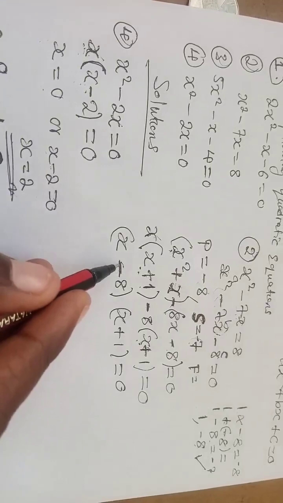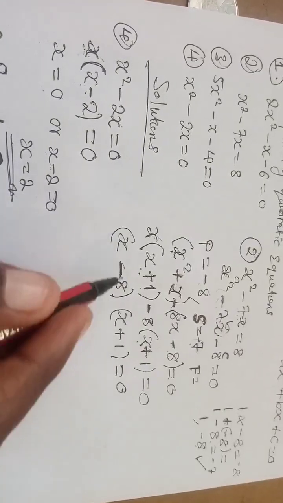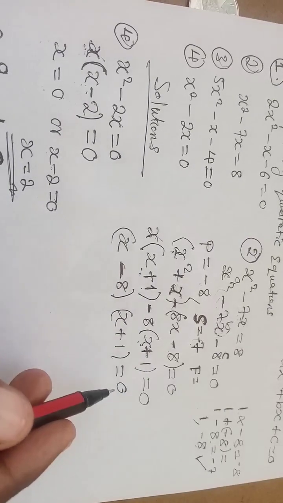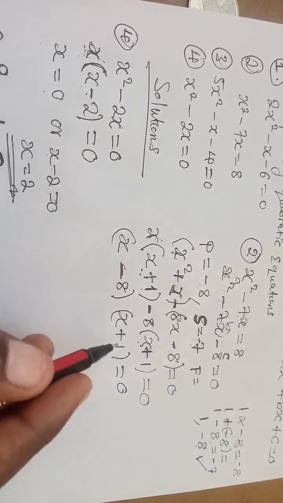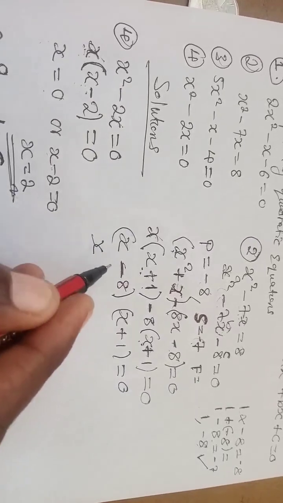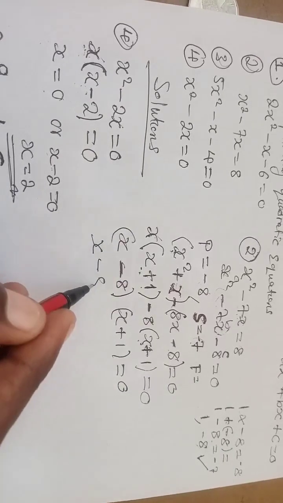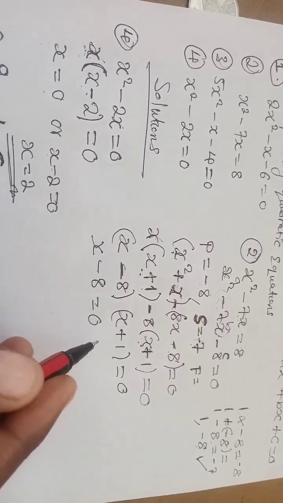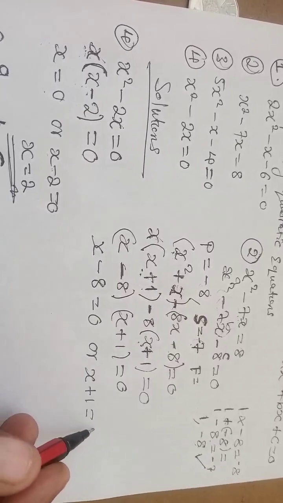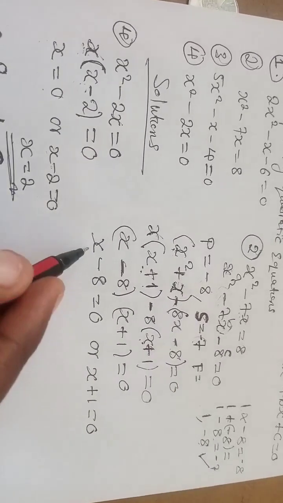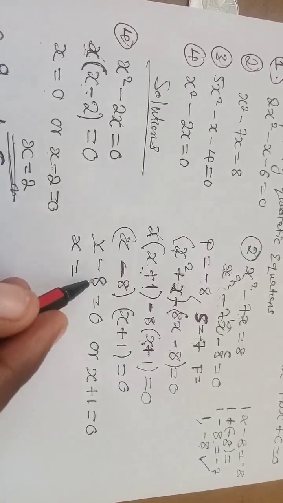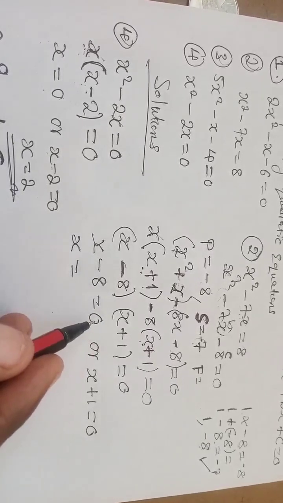So when you reach this part, when the two factors are equated to 0, you equate these factors to 0 one by one. So we get x minus 8 is equal to 0, or x plus 1 is equal to 0, like that. So x is equal to this one. When it comes this side, it will be positive 8.